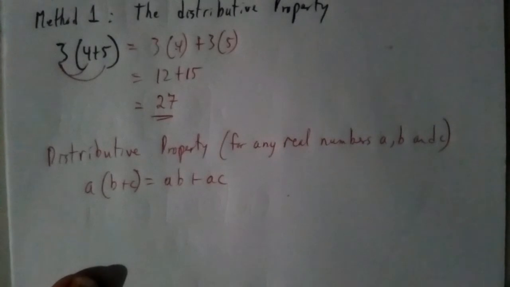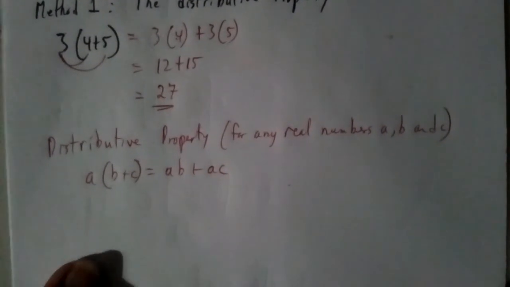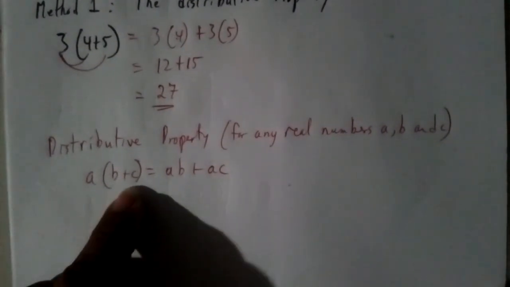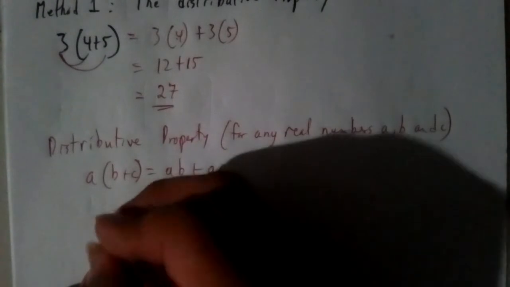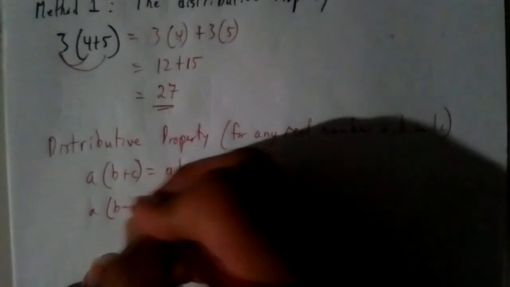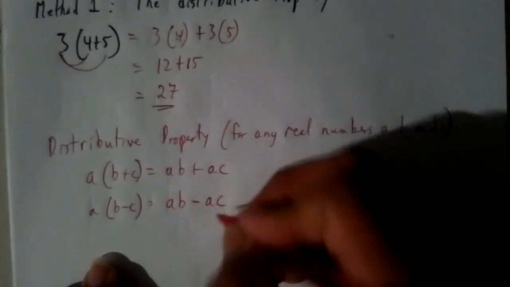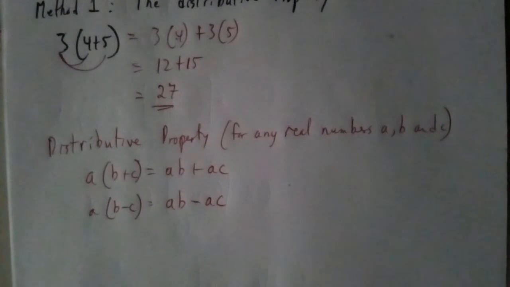That's all what that means. Okay, distributive property. And if this was minus, it applies the same thing. So if we had a(b - c), this would be a times b minus a times c. Okay, so this is how you will be working these problems here from now on. All right, and that is for the distributive property.